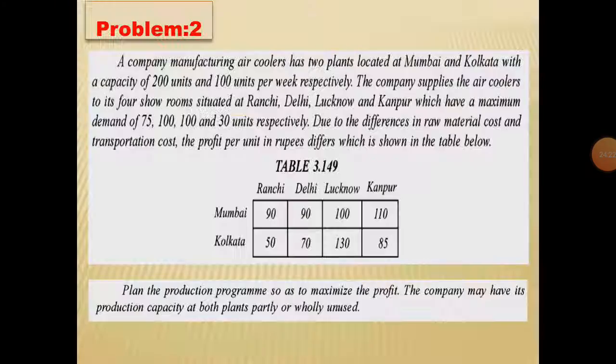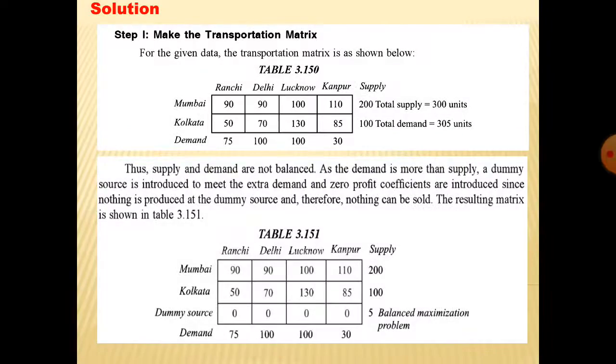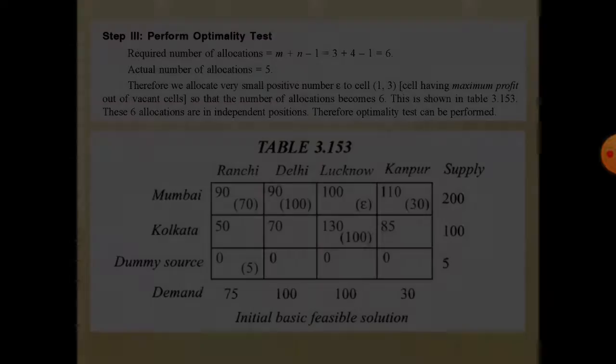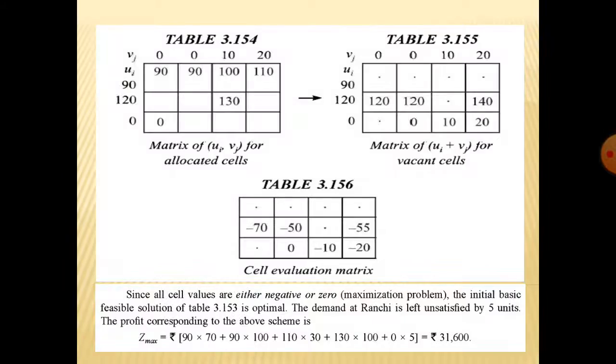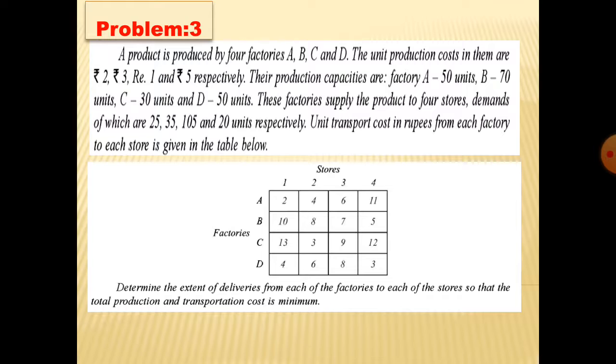Understand? Here we have solved 3 problems and 4 problems. In the third problem, see how the matrix is given. The production costs are given separately. We have to add all the production costs. In this problem, they have twisted it in a different way.